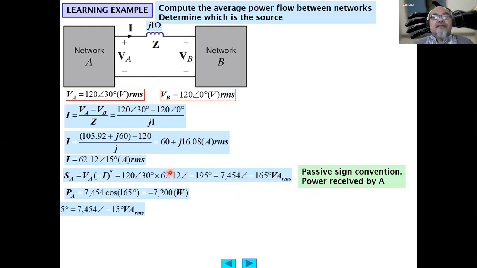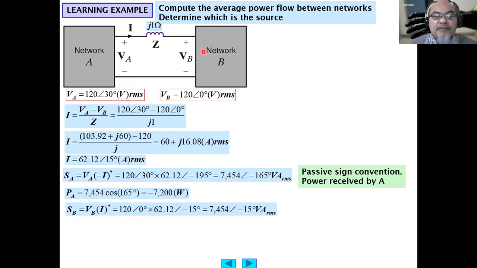Then we calculate the complex power at network B, which equals the voltage at B times the conjugate of the IRMS: 120 volts at phase angle 0 degrees times 62.12. Oh yes, now I understand.